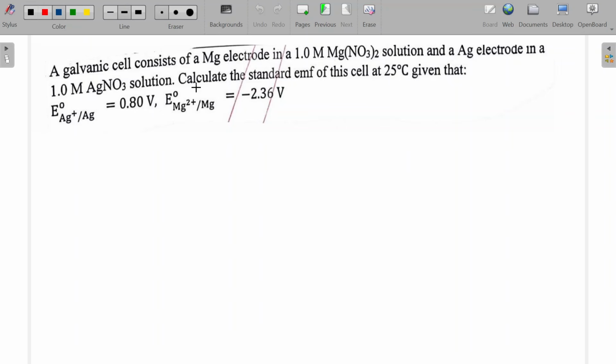So now they ask us to calculate the standard EMF of the cell at 25 degrees Celsius, given that the E value for Ag plus being converted to Ag is E cell equals 0.80 volts.